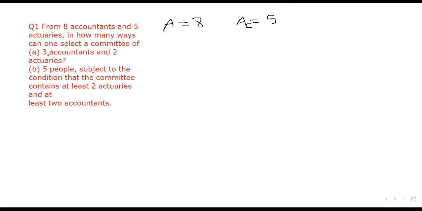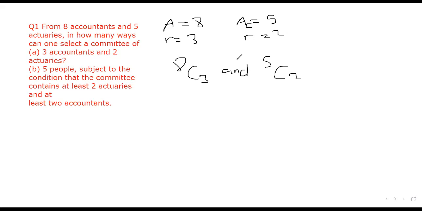So in how many ways can we find 3 from the 8 accountants and 2 from the 5 actuaries? We're going to say 8 combination 3 and 5 combination 2.